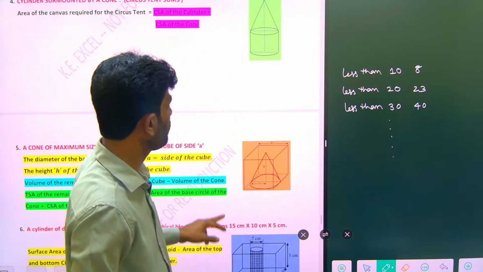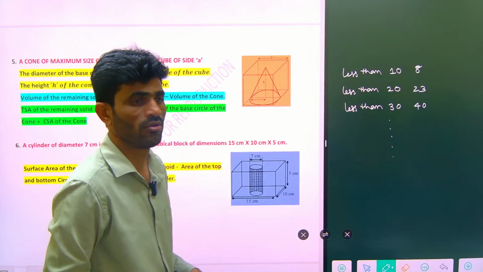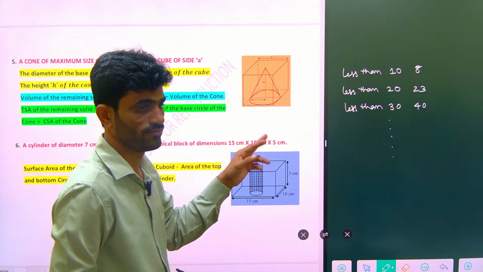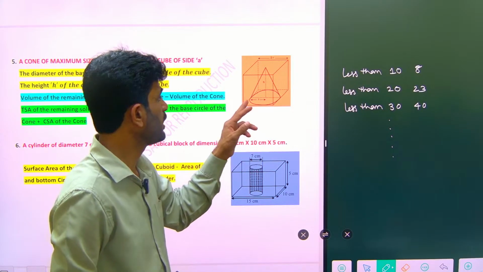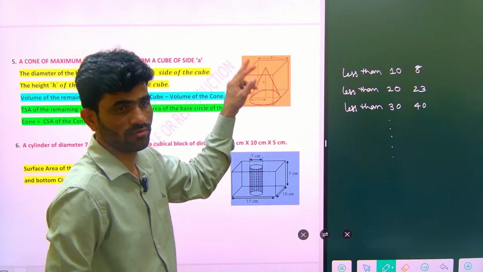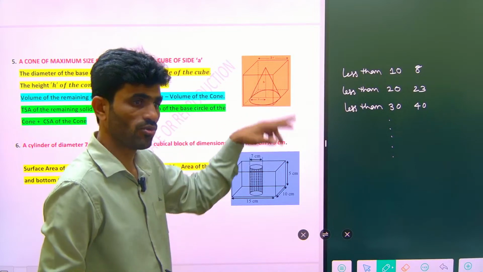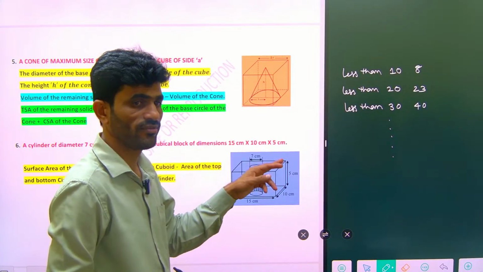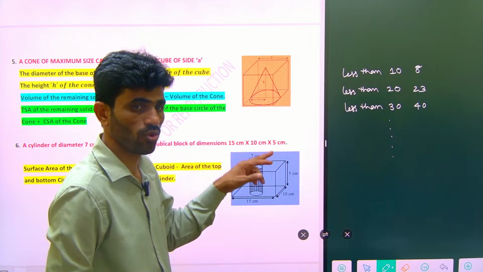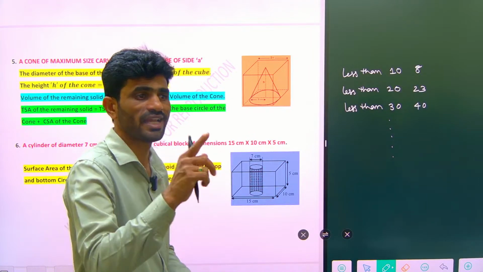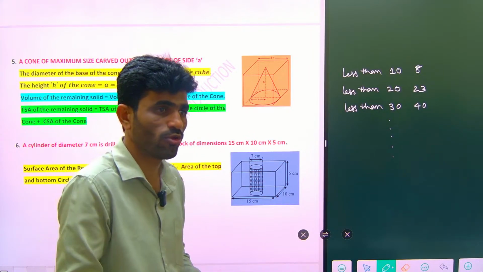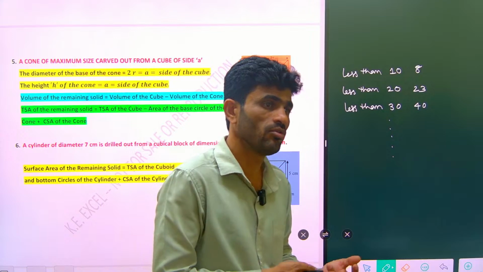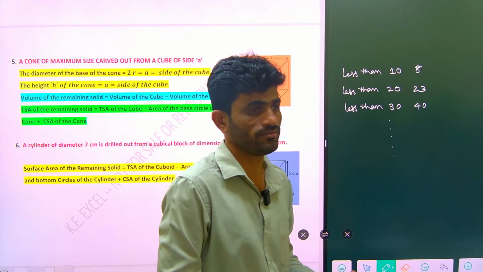Here side of the cube is equal to diameter of the cone, and side of the cube is also equal to height of the cone. Only side of the cube will be given. From the side of the cube only you have to find out what is H, what is R.